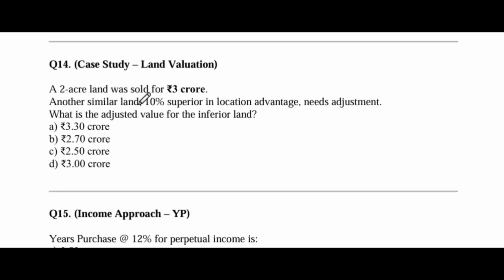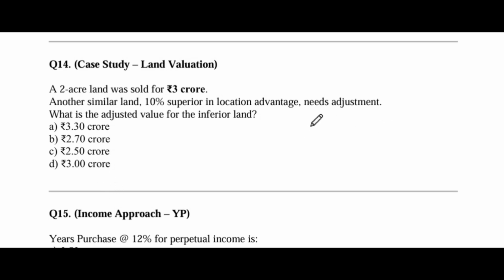2-acre land was sold for 3 crore. Another similar land has 10% superior location advantage. Needs adjustment. What is the adjusted value for this inferior land? See here, understand the problem.